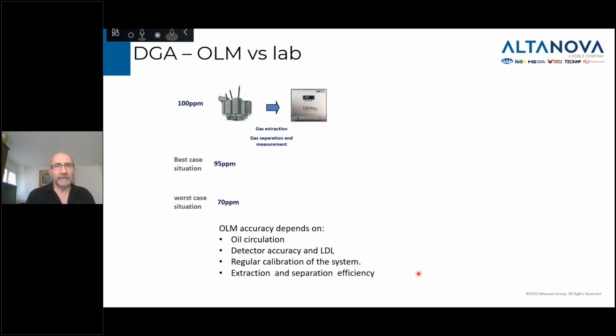The next one, developed over the last 25 years, is online monitors. The online monitors fix a lot of the handling. You have mostly no handling, because those online monitors circulate the oil directly themselves. So there's no chance of losing gases when the oil comes from the transformer directly to the online monitor.